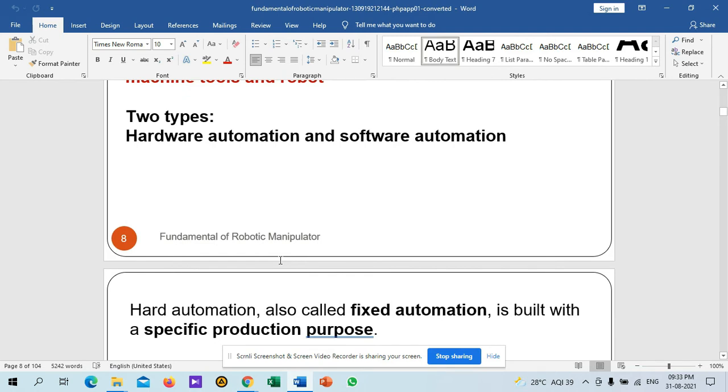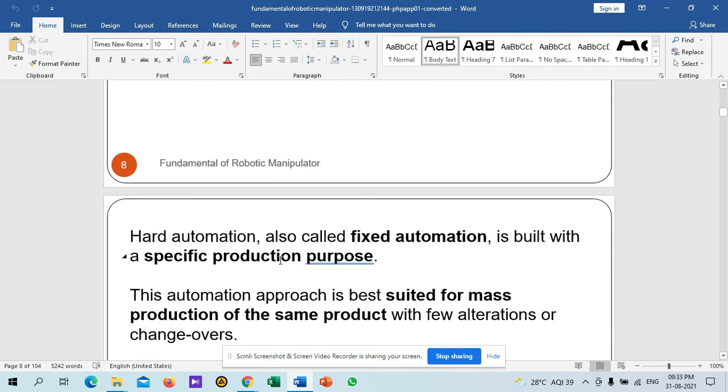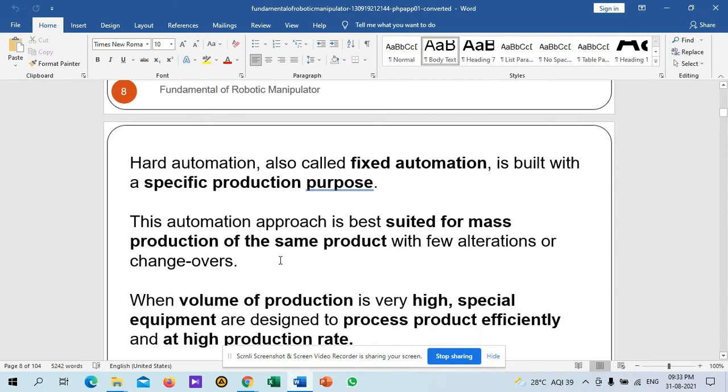One is fixed automation, another is programmable automation, and another is flexible automation. Programmable automation and flexible automation are similar, but a little bit different. So I put them in three types: fixed automation, programmable automation, and flexible automation.